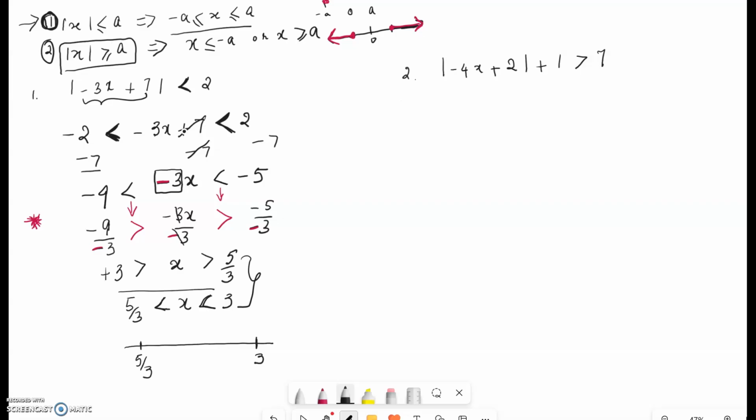This means that x lies between 5/3 and 3. The smaller number always comes on the left and the larger number on the right. We don't include the endpoints. And everything in between is included.